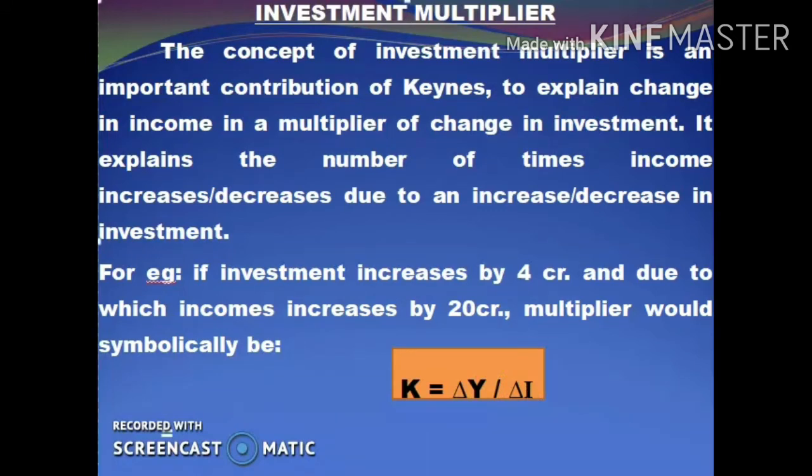Change in income is 20. Hope you understood. 20 divided by investment, which is 4. Then what is the answer? Multiplier equal to 5. So 5 times it multiplies. Income multiplies as a result of investment.